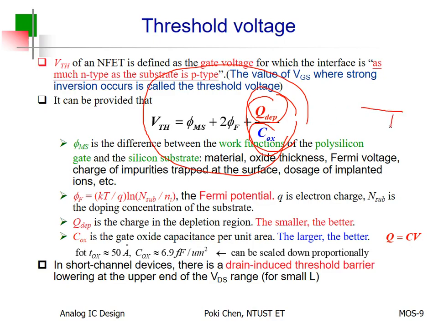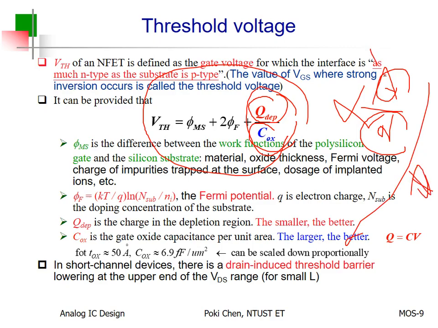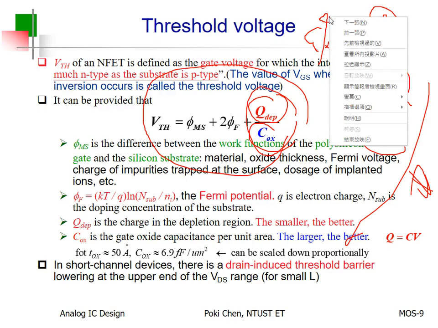Again, it is proportional to the area, and C oxide means per area, so you need to divide by area. So C oxide is proportional to epsilon over distance. How to increase it? There are two ways for TSMC or UMC.